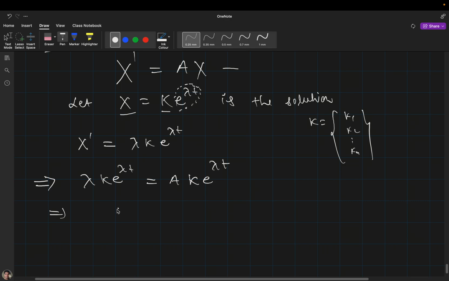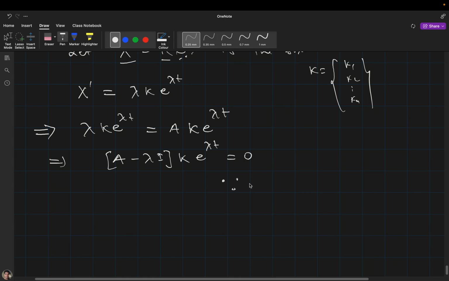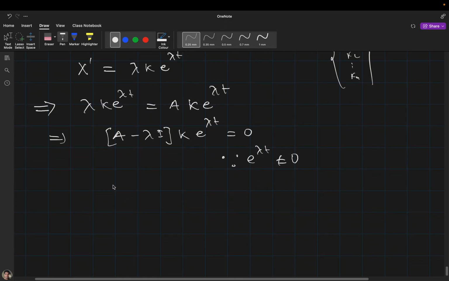Now I can write (A minus lambda I) times K e raised to the power lambda t equal to 0. Since e raised to the power lambda t cannot be 0, I arrive at a matrix equation like this. You can see that this is nothing but the eigenvalue problem.